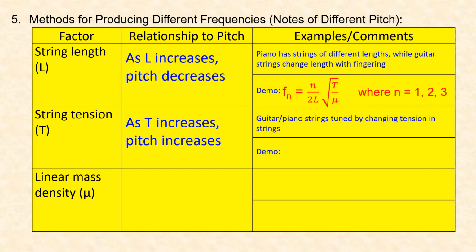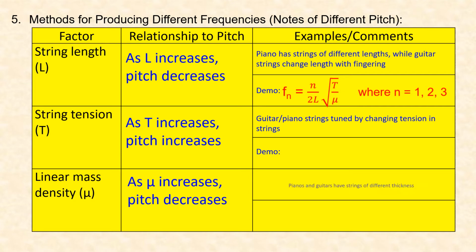The third way to produce different frequencies on a stringed instrument, notes of different pitch, would be by changing the string density. Notice that there's this inverse relationship between the string density and the frequency. So as the string density increases, the pitch decreases.